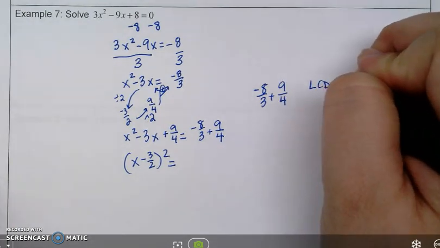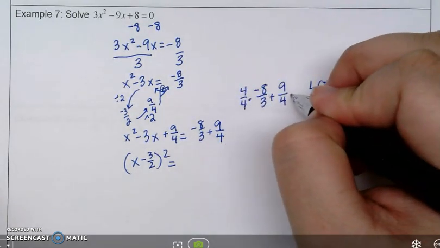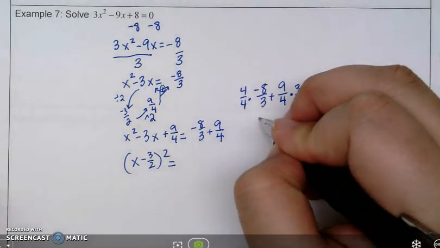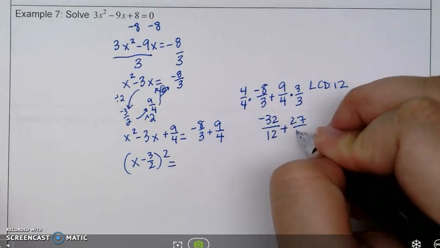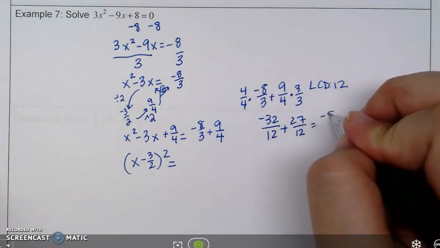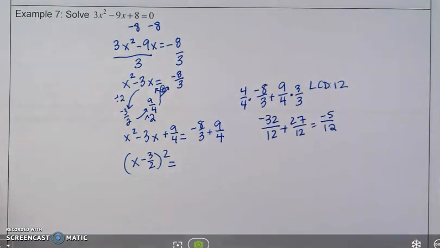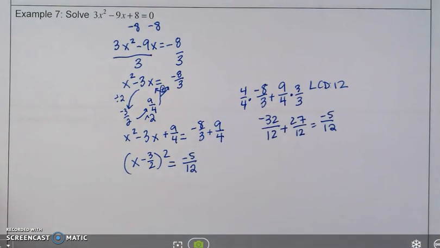My LCD is 12. So I have to multiply this by 4/4 and this by 3/3. Negative 32/12 plus 27/12. Negative 32 plus 27 is negative 5/12. So on this side I have negative 5/12.